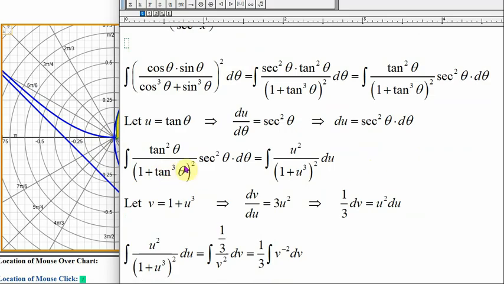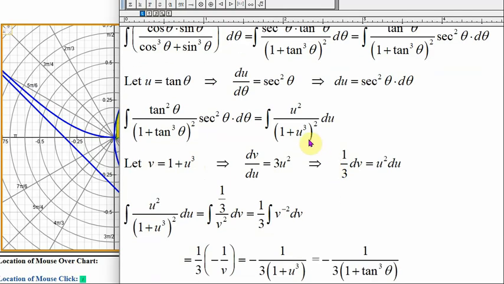So the integral becomes the integral of u squared, since tangent is u, divided by 1 plus u to the third, squared. Secant squared theta d theta is just du. And then we need to do one more substitution.